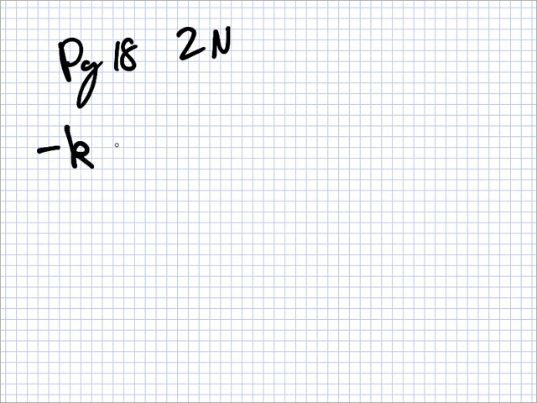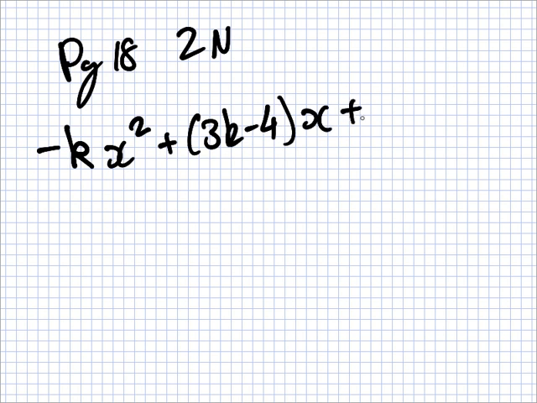Right, page 18 to N. So my question here was, how many roots does this have? Minus k x squared plus 3k minus 4x plus minus 2k plus 5. How many roots does this have? Well, let's see.